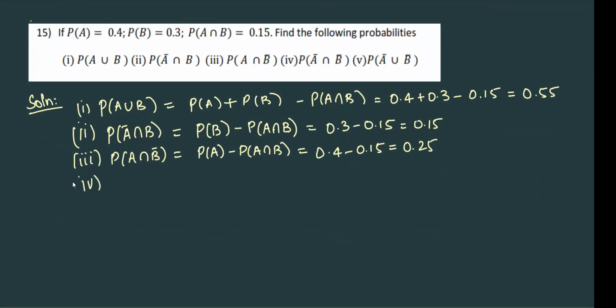Fourth one, P of A bar intersection P of B bar. Yeah, this one we have not discussed, but let us see who would have done it right. I'll give the answer.